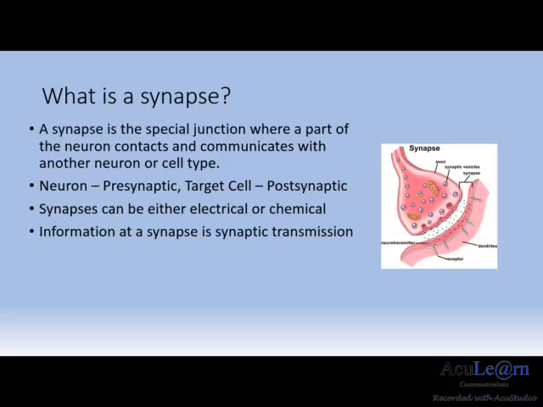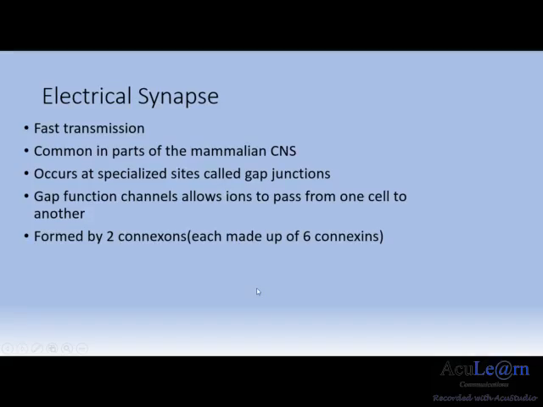Synapses can be differentiated by whether it is an electrical synapse or a chemical synapse. Electrical synapses are generally fast transmissions that can be bidirectional. It is common in several parts of the mammalian central nervous system, such as the retina and hippocampus.